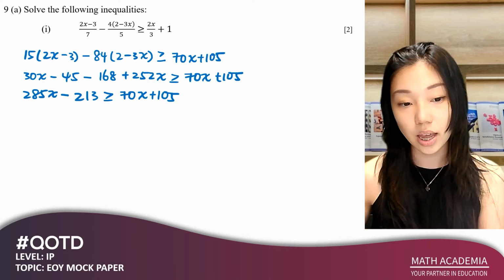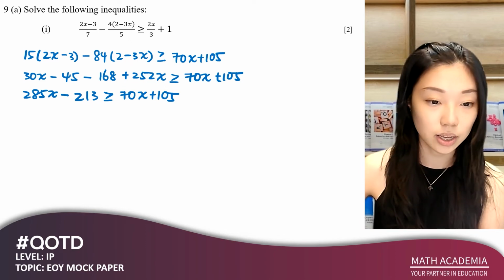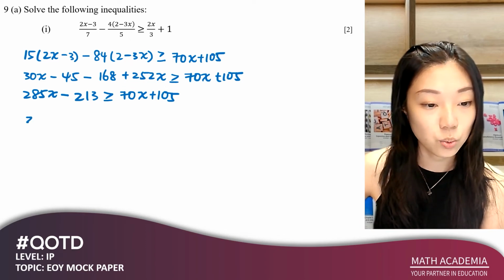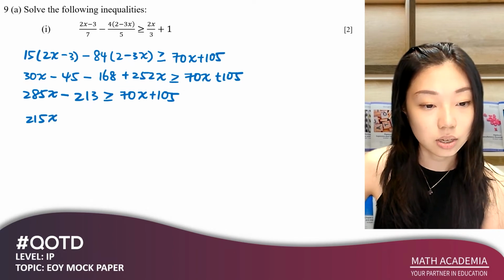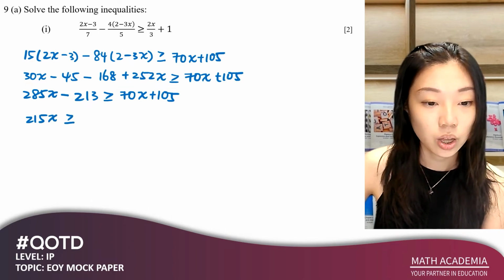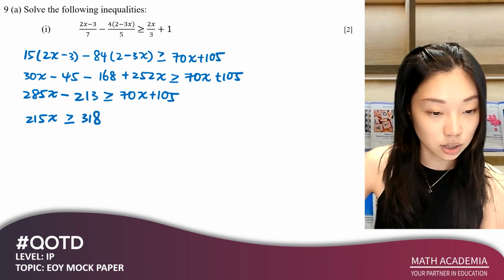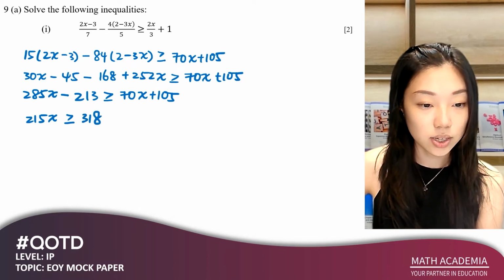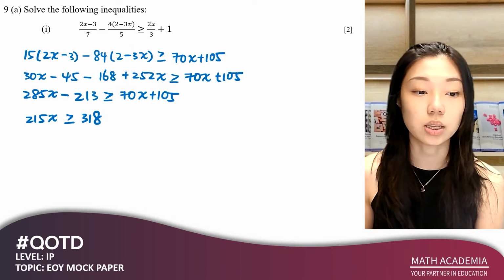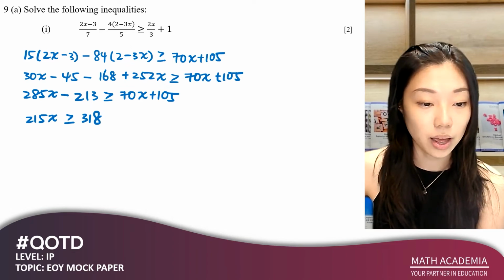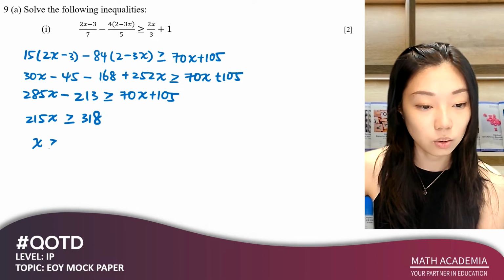So I'll move 70x from the right hand side to the left hand side. That would leave me with 215x is more than or equal to 318. With this, I can just divide both sides by 215, where I would have x more than or equal to 1.5.